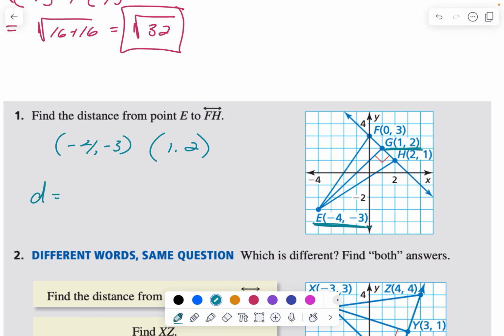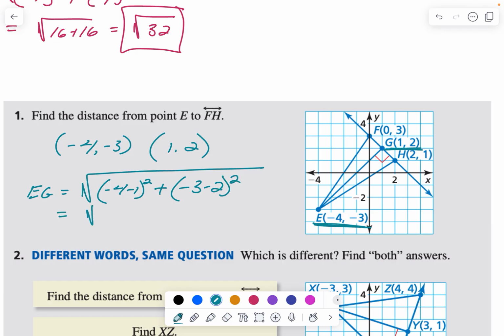So the distance, or we could call it EG in this case, would be the square root of -4 minus 1 squared plus negative 3 minus 2 squared. So that would be the square root of negative 5 squared plus negative 5 squared, which equals the square root of 25 plus 25, or the square root of 50.